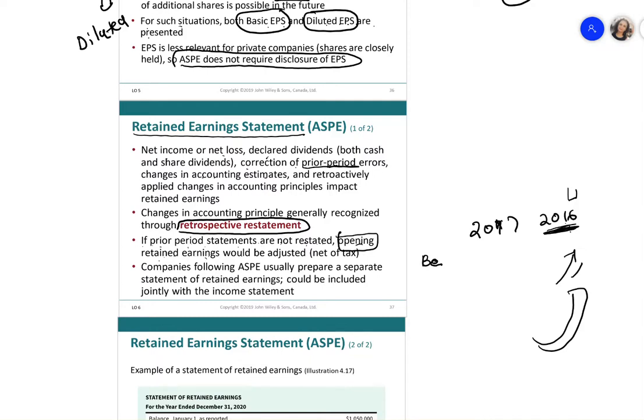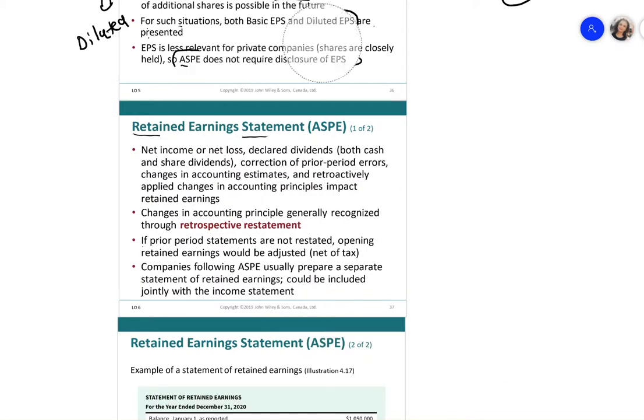Opening retained earnings would be adjusted for that, net of taxes, because retained earnings are either going up or going down, depending on what the prior period errors are.